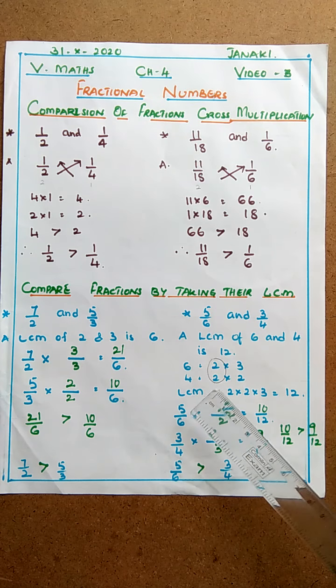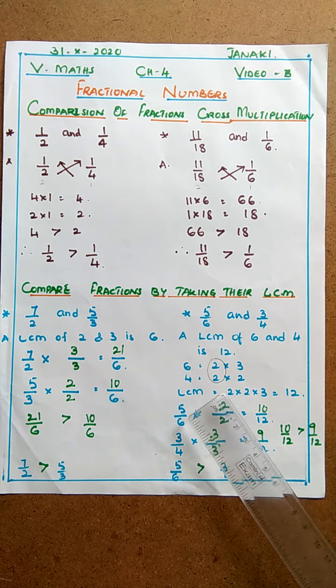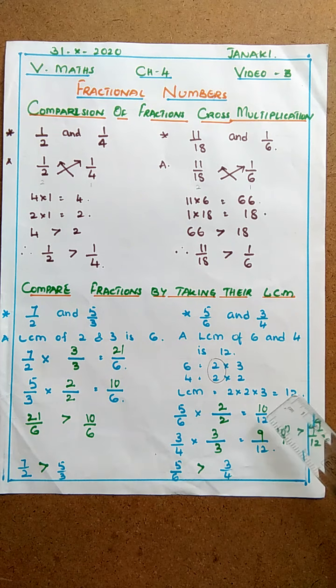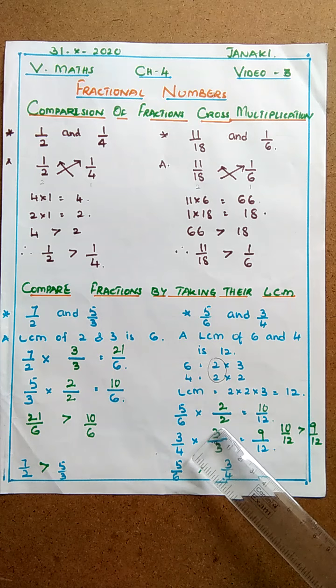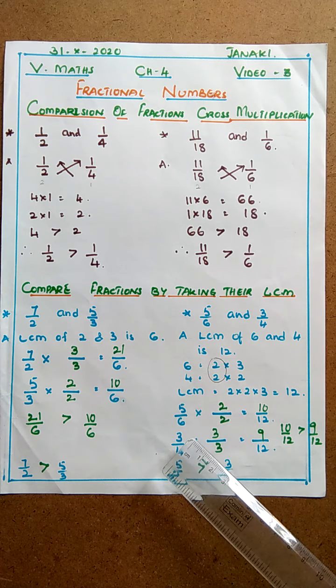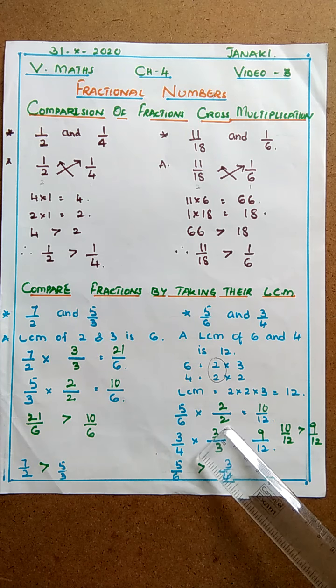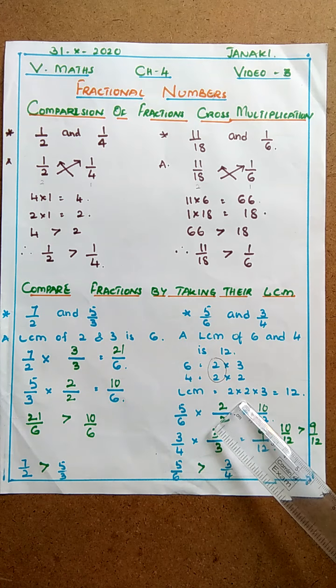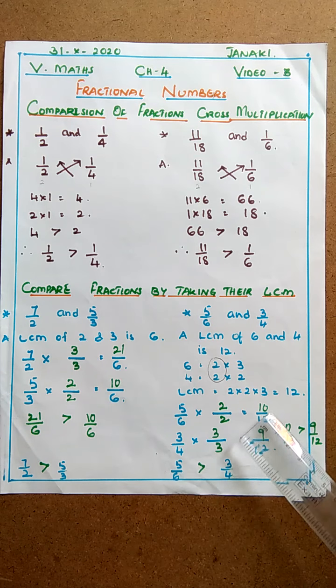Now, take the first fraction 5 by 6 and multiply it so that you get 12 as the denominator. So, 6 goes 2 times in 12. So, now you got 2, isn't it? So, multiply this numerator also by 2. 5 2s are 10.